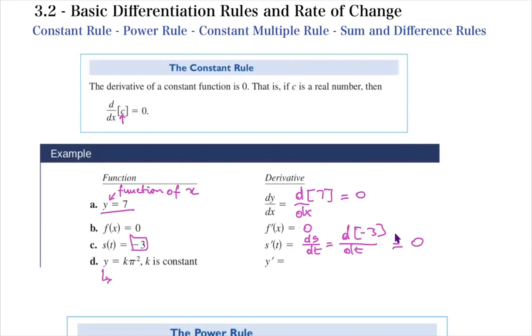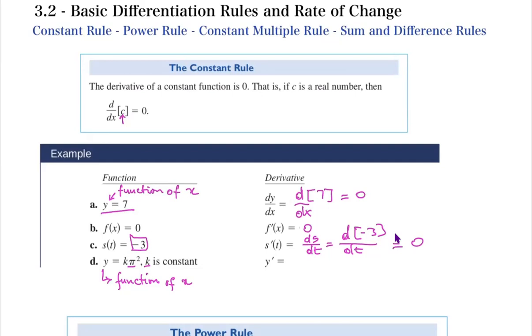Here also, y is a function, let's say, of x. Well, they already told me that k is a constant. That's the only unknown factor, because pi is a constant. It's 3.14 and it keeps going, and when you square it, it still remains a constant.